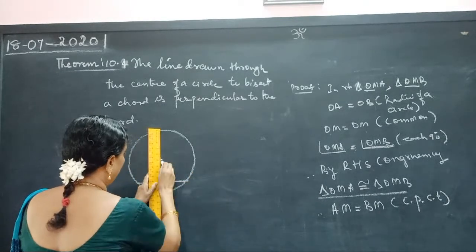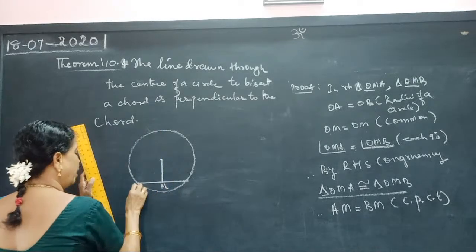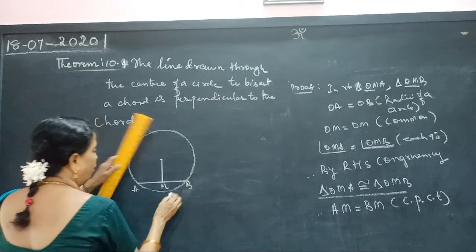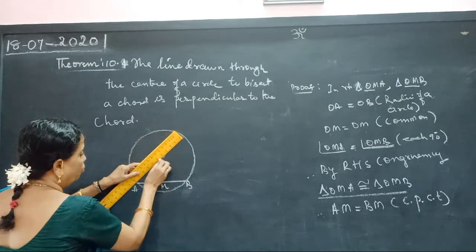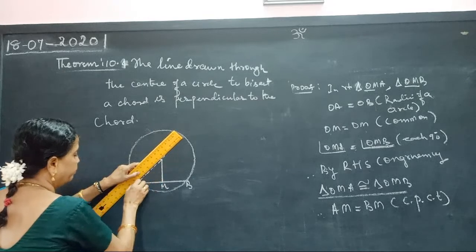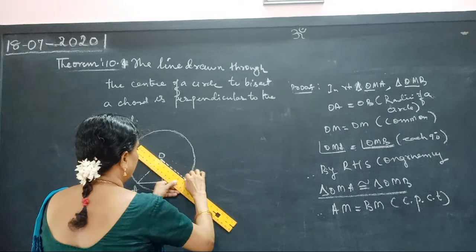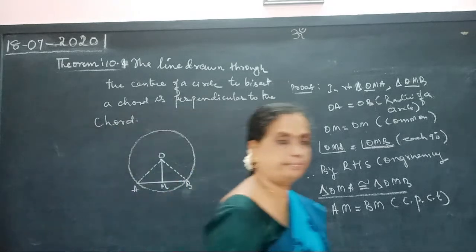It is a line from the center that is bisecting. That means M is the midpoint. We have to show OM is perpendicular. Get the figure?